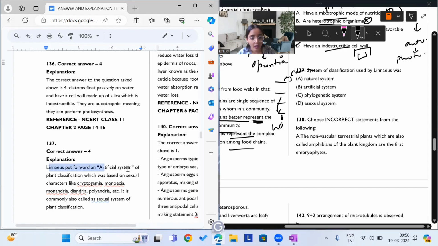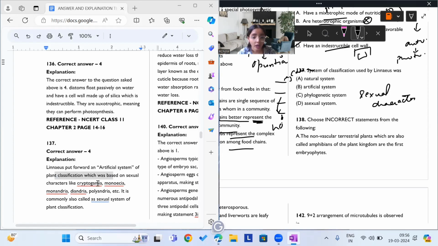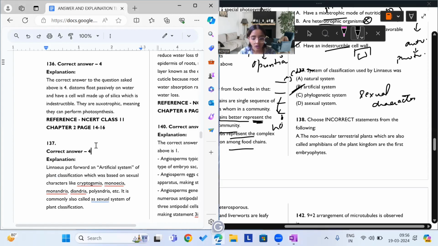Linnaeus put forward an artificial system of plant classification, which was based on sexual characters, like presence of cryptogamia, monoecia, monandria, diandria, polyandria, etc. So the answer to this question is artificial system of classification. Answer is option 2, the correct answer to your question 137.